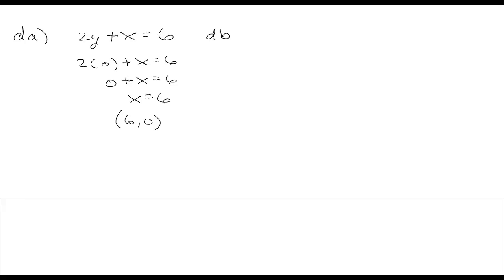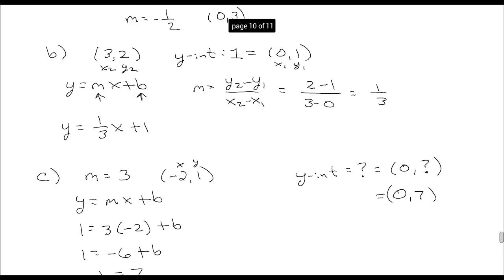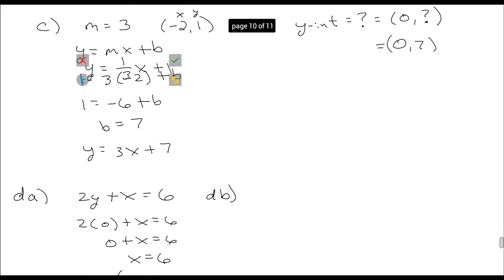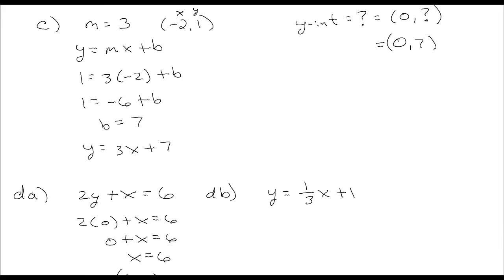Part D using part B. What was the equation for B? I don't remember, so let's go back and look. Let me copy and paste that down real quick. I'm going to plug in 0 for y.